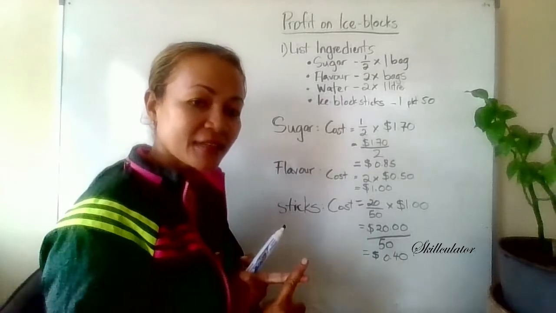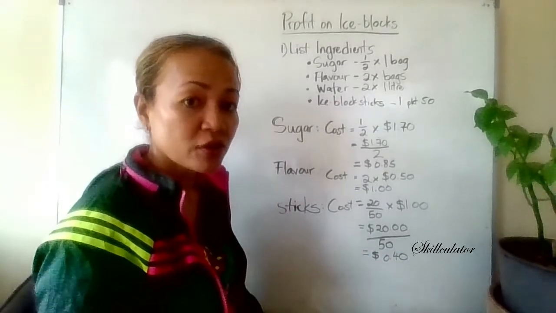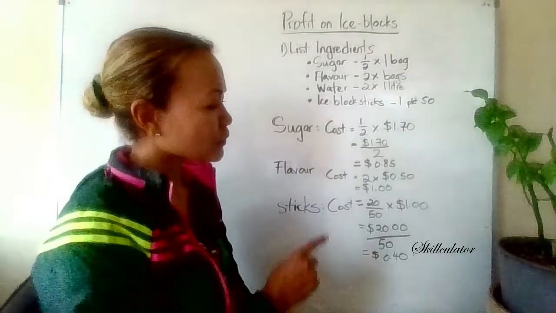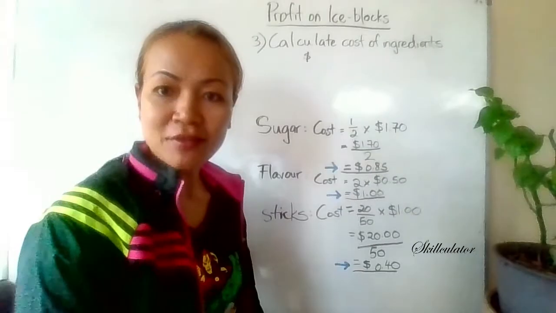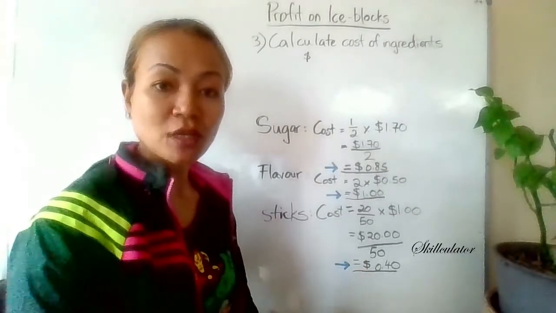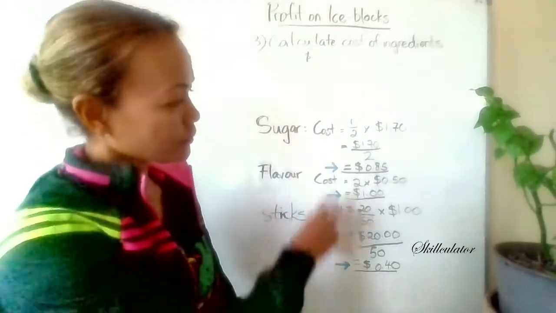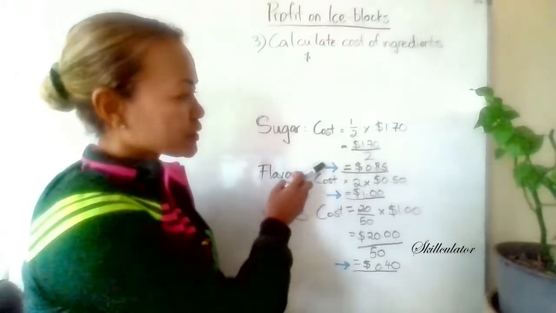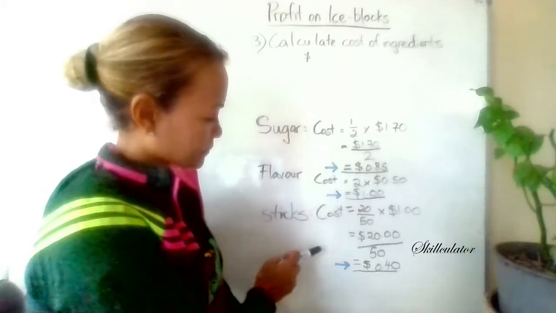So we've listed the ingredients, we've listed the quantities, we've calculated the cost of all the ingredients. And we've also figured out that we will have about 20 ice blocks. Now that you have the different costs, let's add them all up, because we're now on to step 3, where we're going to total up all the different costs. I've put in the blue arrow all the costs that we had calculated before.